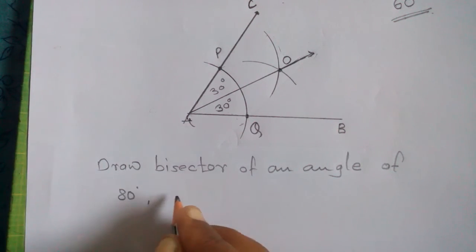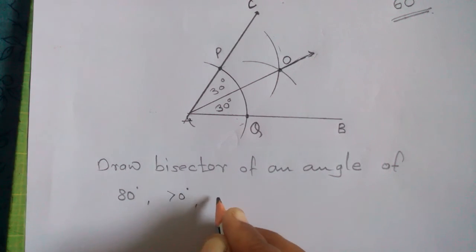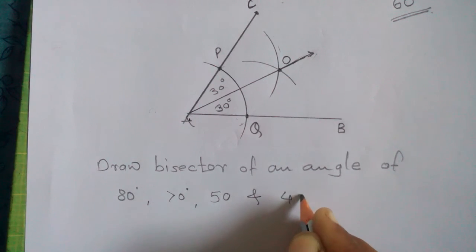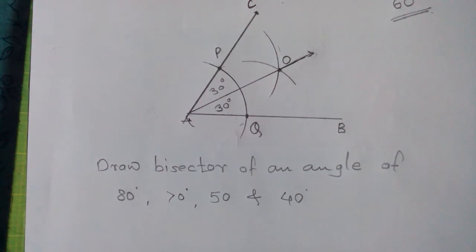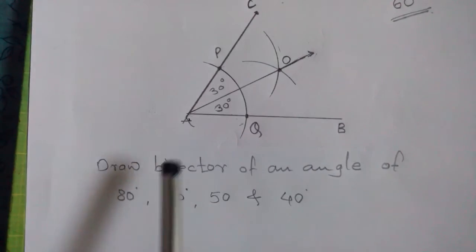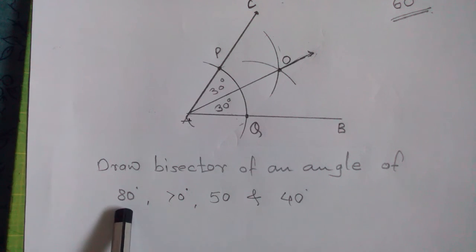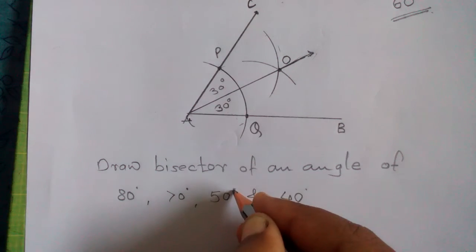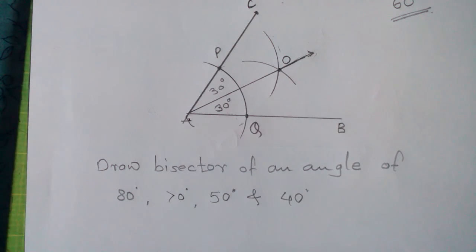See, this is your homework: you have to draw an 80-degree angle, then 70 degrees, 50 degrees and 40 degrees, and draw the bisector of each angle. All of you understood? This is your homework. Thank you.